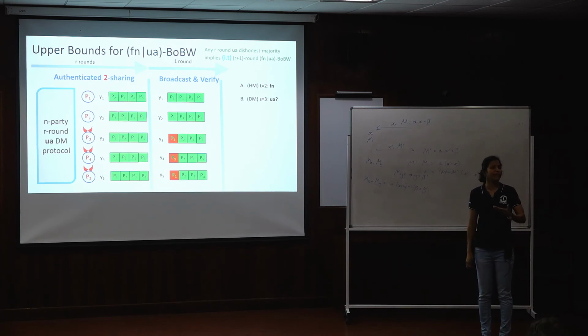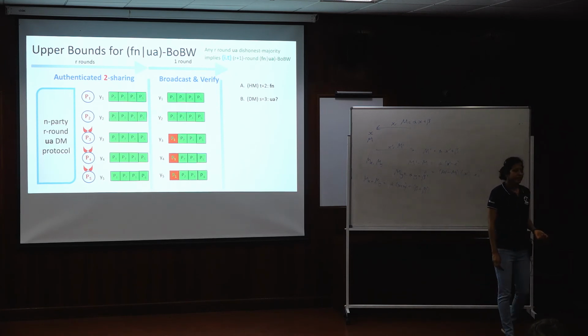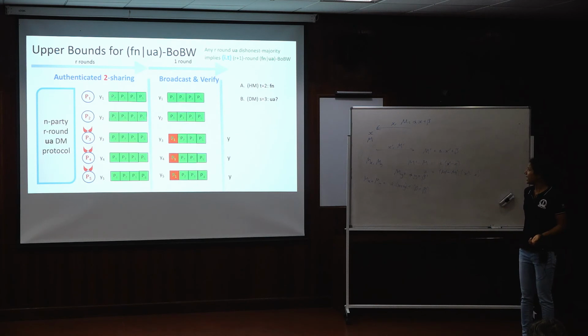So, in his set of correct or valid shares, he will have just two shares, y1 and y2, and with that he cannot get the output, right, and therefore P1 is going to output bot.